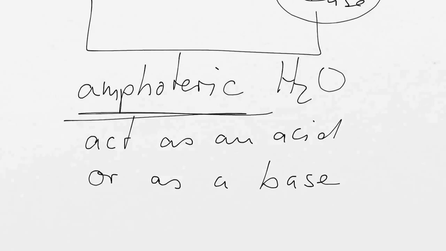Okay, another thing that I need to tell you is that we have compounds like this HCl. How many protons can this give off? 1. So basically, this one proton can satisfy one base molecule.